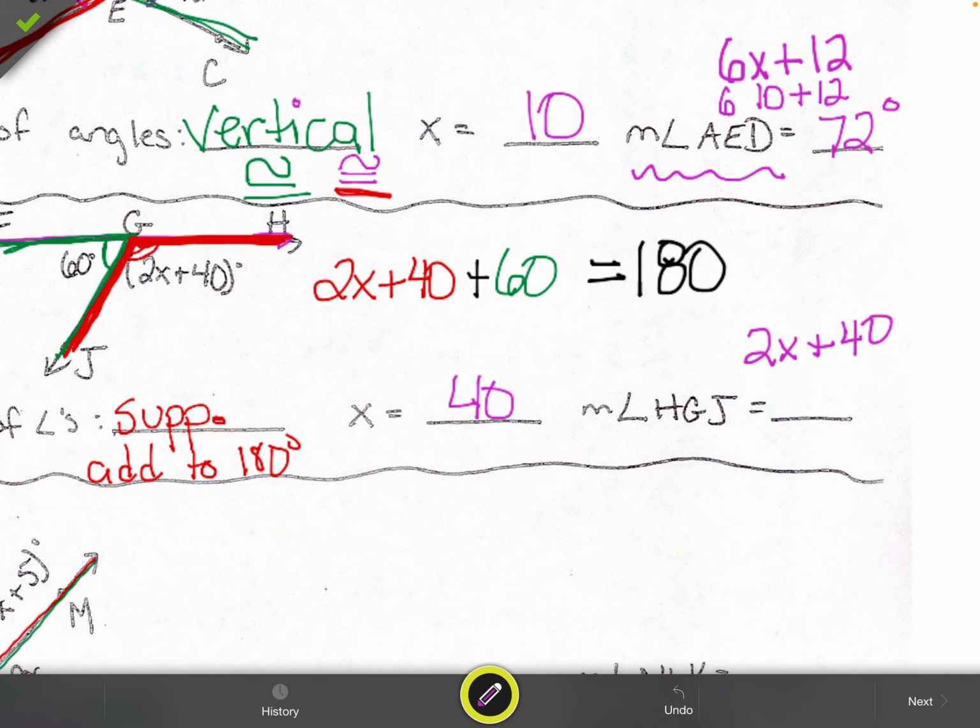Now it's just a matter of plugging in. So I do 2 times, what do we find x to be? We found x to be 40, plus 40. Just substituting in. Plug and chug. Okay, type that into Desmos. You should get 120.